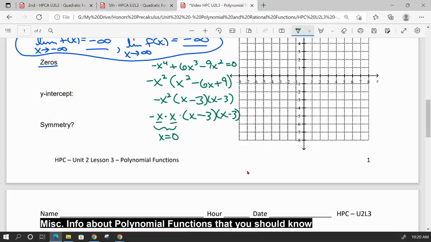Since there are two factors that have a solution of 0, you would say it has a multiplicity of 2, which affects your graph. That means it's going to touch and turn around at that point. So when you have a multiplicity of 2, or an even multiplicity, it touches and turns around, or another term, bounces.